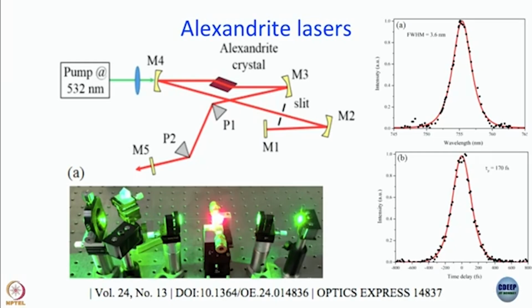But think of it, this would be an interesting or useful laser if you want to do TCSPC, isn't it? Spectral width is narrow. The problem with using Ti-sapphire laser for excitation or doing microscopy is that it is a broadband laser.